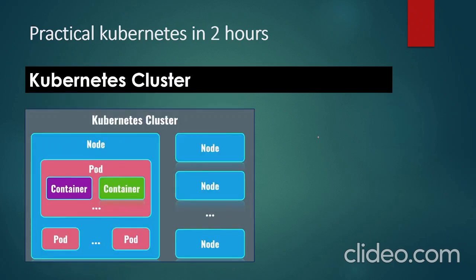However, now giving an example of the Kubernetes cluster. You can see a Kubernetes cluster comprises one node or multiple nodes, and these nodes can be deployed across multiple servers or multiple EC2 instances across the region or in different availability zones.